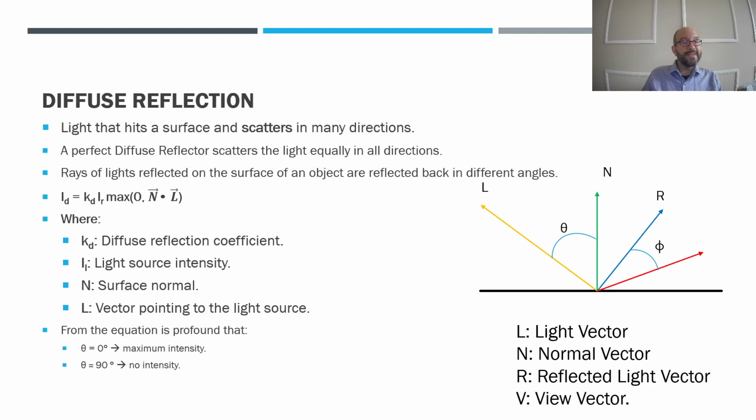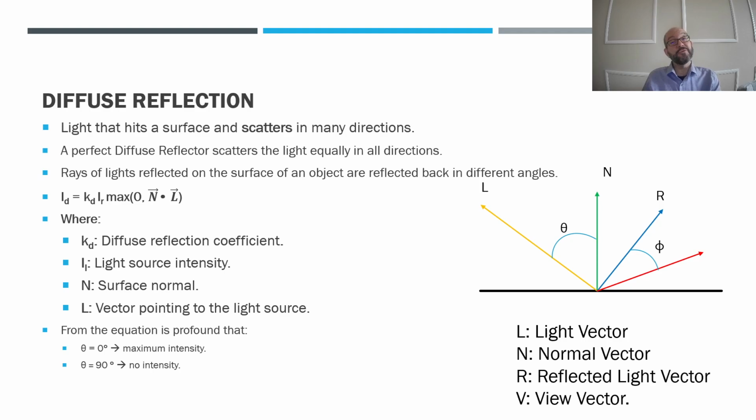Mathematically, it is described as the product of the diffuse reflection coefficient times the light source intensity times the maximum of zero or the dot product of the surface normal and the vector pointing to the light source.